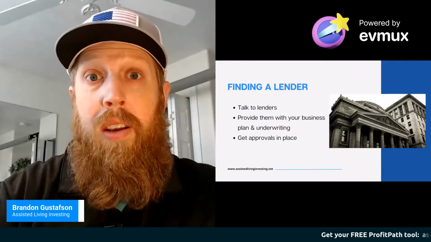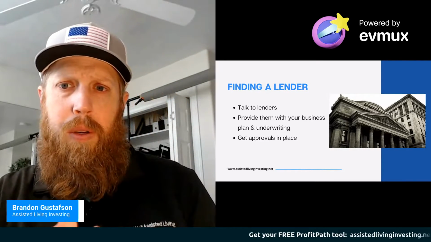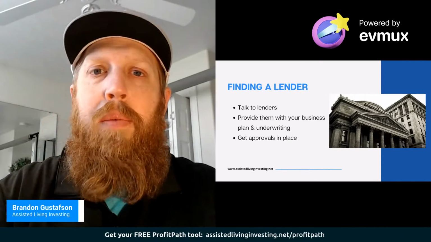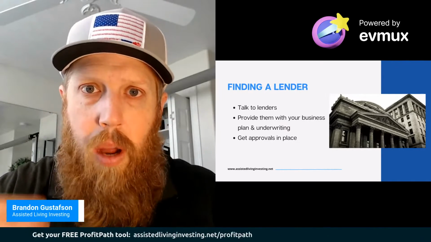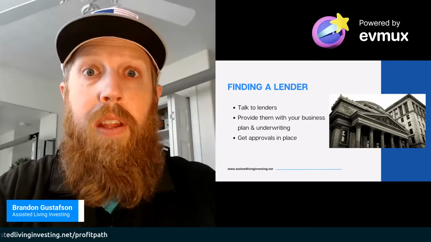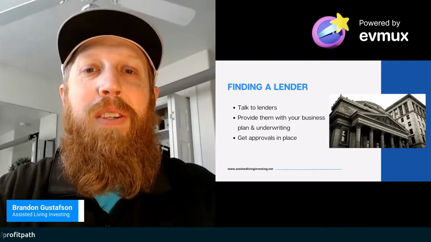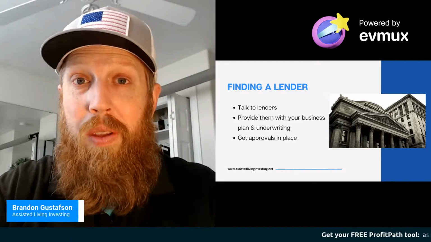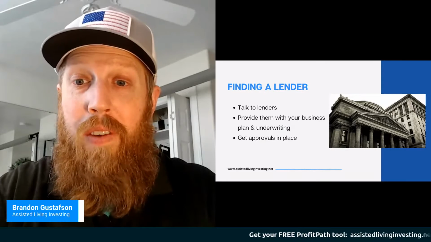You want to start reaching out to them. Get familiar. Which ones are these? Am I comfortable with this bank? Do I have a relationship with them already? Start having those thought processes. Start reaching out to them. Start giving them your business plan. Start explaining what you're trying to find, and see what you can do with those lenders. This is how you go and find the lender.